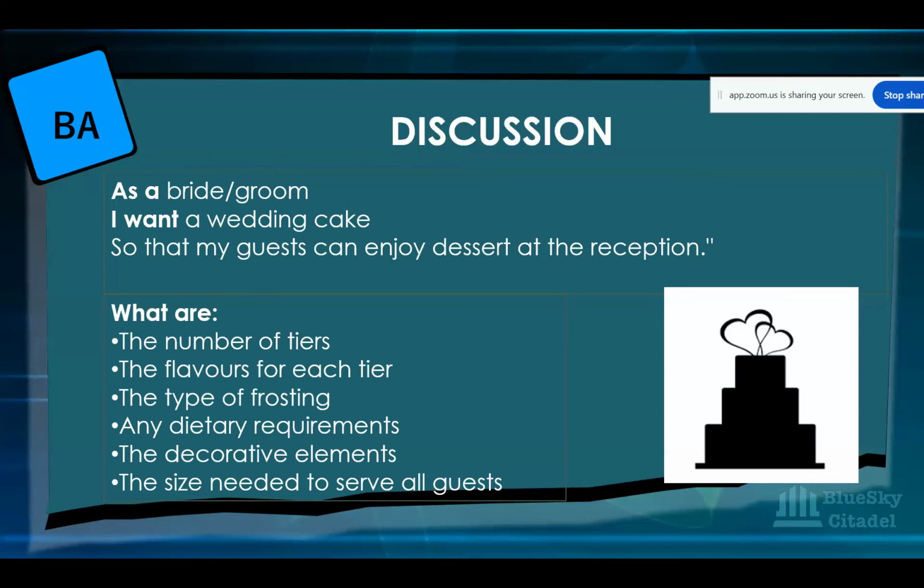Maybe are you allergic to gluten, or are you vegan? You don't want a cake that has any animal products in it. Any dietary restrictions at all? Are you allergic to anything? No. Okay. What about elements of decoration? What kind of decoration do you want it to have? Floral decor. So you want flowers. Who else wants something else?